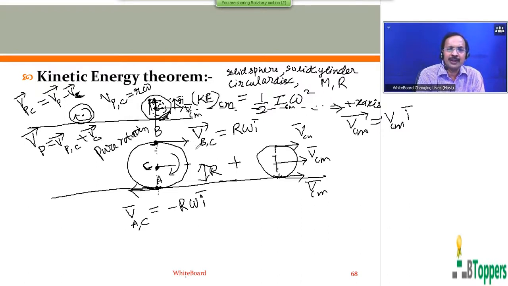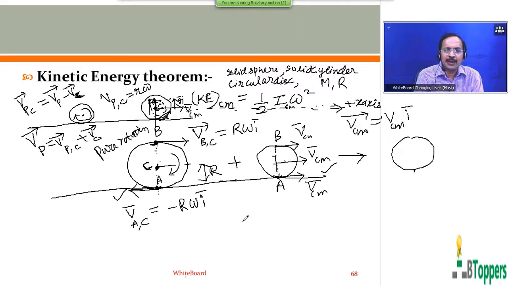So if we combine the velocities in these two figures vectorially, then you get the actual velocities of different points. So the actual velocity of the point A is the vector sum of these two velocities.